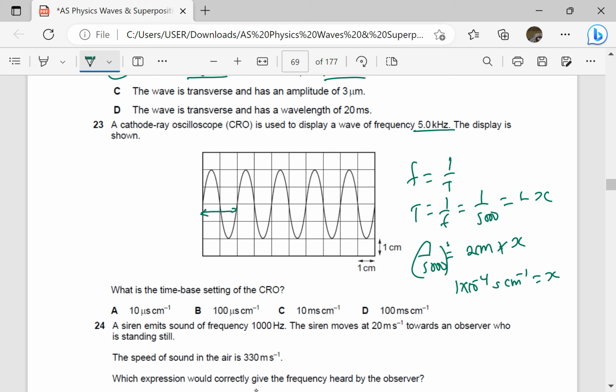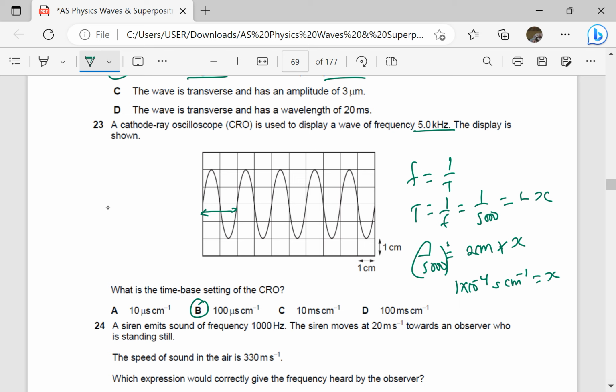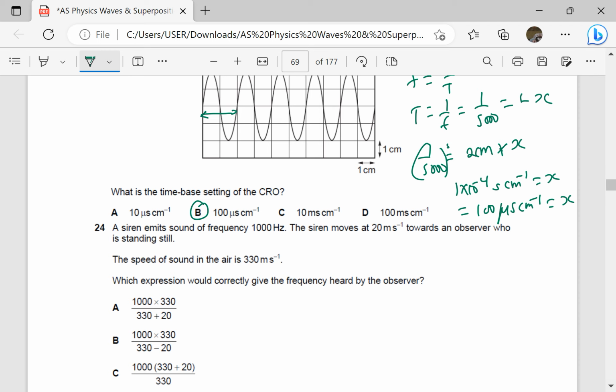We can check, there is milliseconds and microseconds. So let's check. If I change to micro, I will divide by 1 exponent negative 6. That's 100. So the answer is going to be B. The answer will be 100 microseconds per centimeter. That is x.